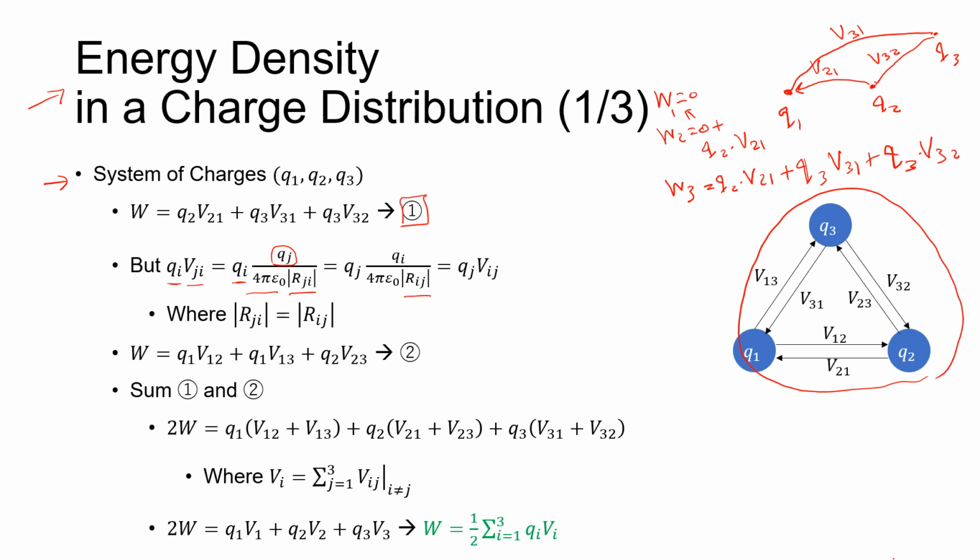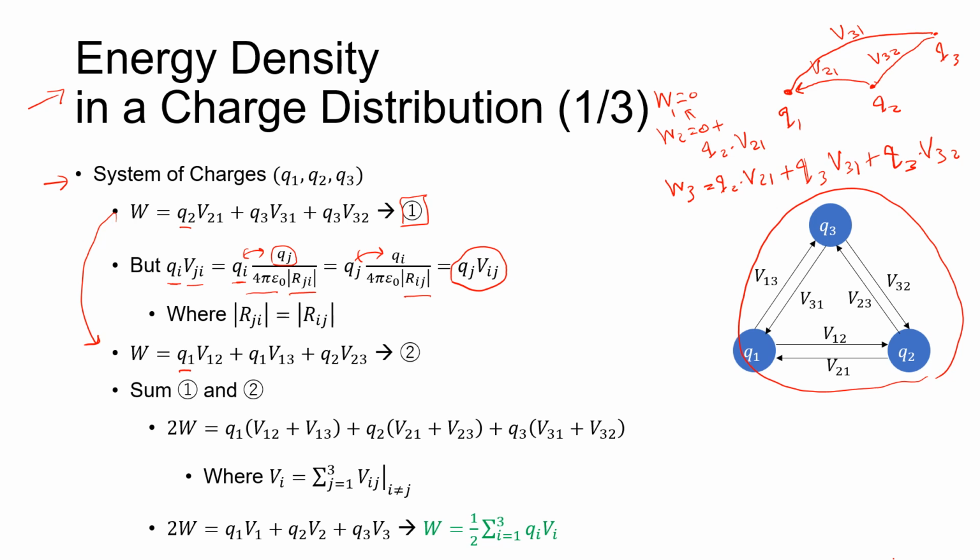Rji is nothing but Rij. You can swap these two charges, so you can rewrite as Qj Qi over 4 pi epsilon Rij, which is nothing but Qj Vij.